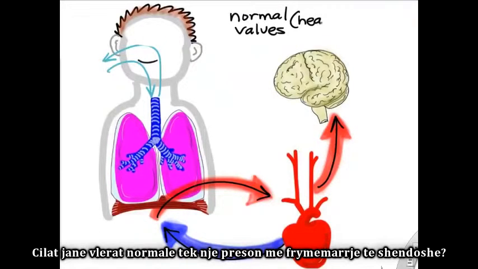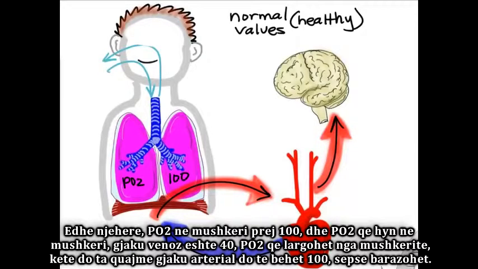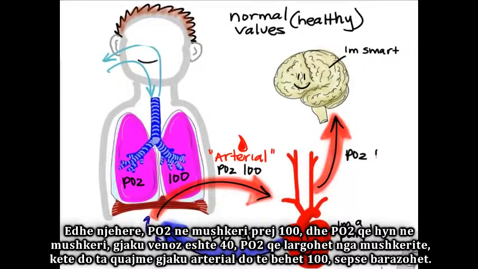So what are some normal expected values in a healthy breathing person? So again, a PO2 in the lungs of 100. The PO2 entering the lungs, our venous blood, is only 40. The PO2, once we leave the lung, we'll call that arterial blood because it's heading back to our heart and our aorta, will become 100 because it equalizes.